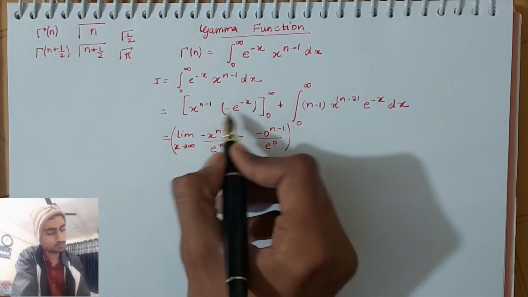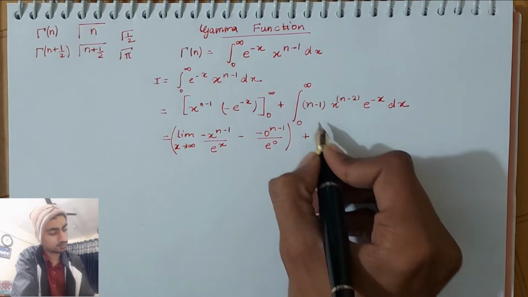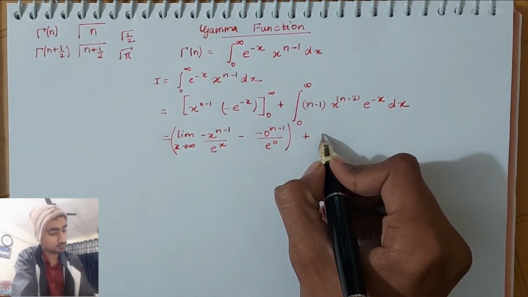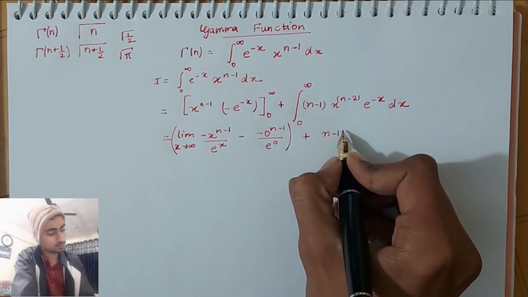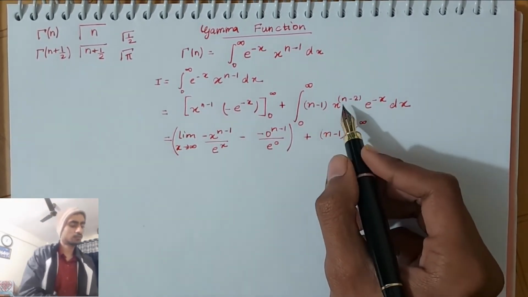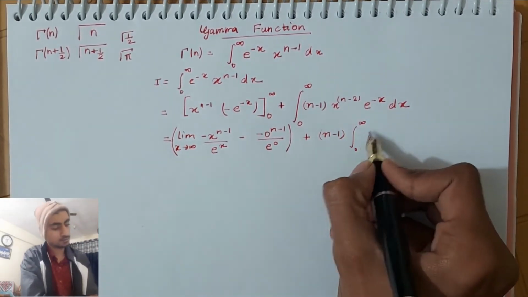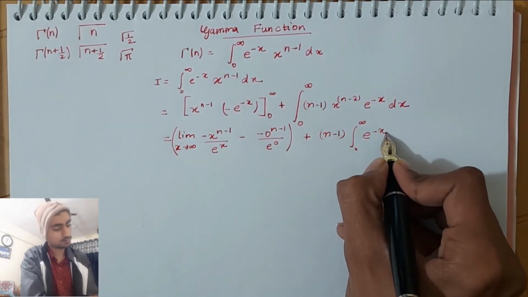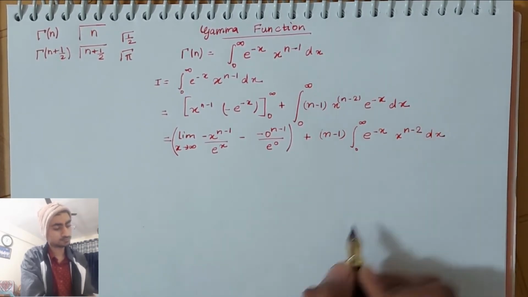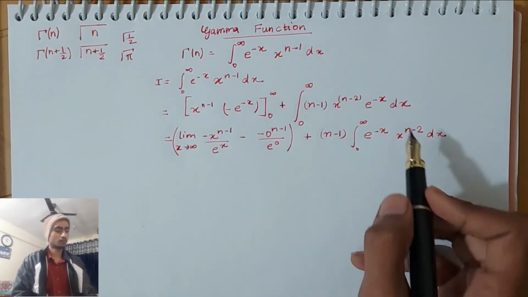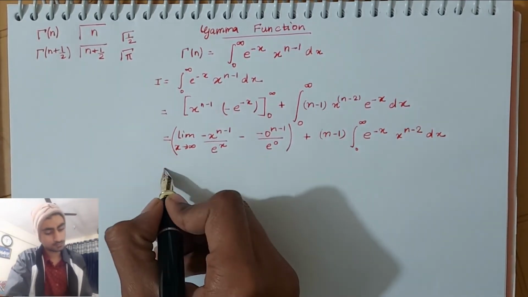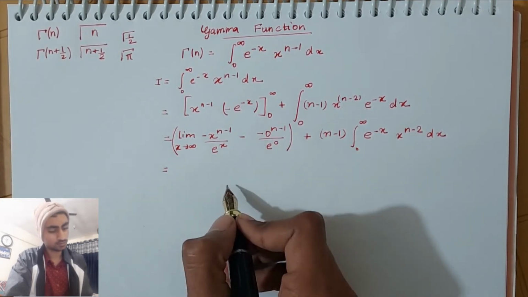This completes the first term. For the second term, since n is independent of x, n minus 1 can be written outside the integration: n minus 1 times the integral of e to the power minus x, x to the power n minus 2 dx. You might have got where it is going, but let's find the value of the first term first.